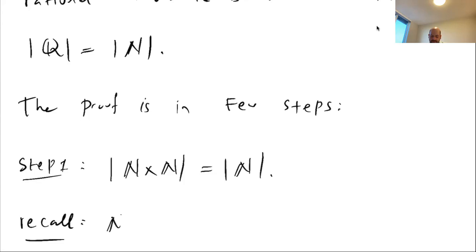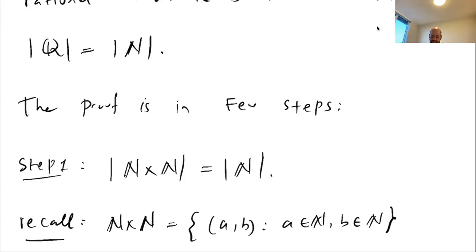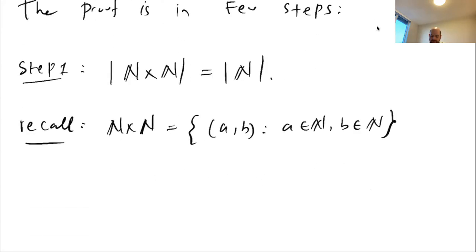Recall N cross N means what? A cross product of two sets. It can be written as all pairs (a, b) such that a belongs to N and b also belongs to N, which is going to be like (1, 1), right? (1, 2).